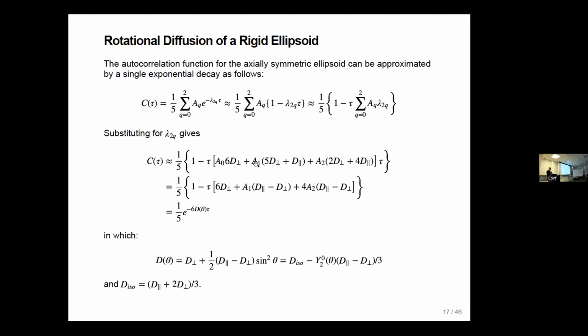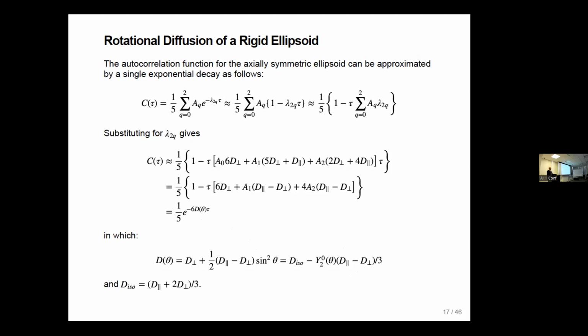So I plug in for the A's, do a bunch of summations, and say that looks then like an isotropic decay, a single exponential, with a diffusion rate that depends on orientation, and this diffusion rate is shown here. It depends on the spherical harmonic, as you might expect, and on the difference between the two axes of the ellipsoid. In this, 6D is 1 over tau c.